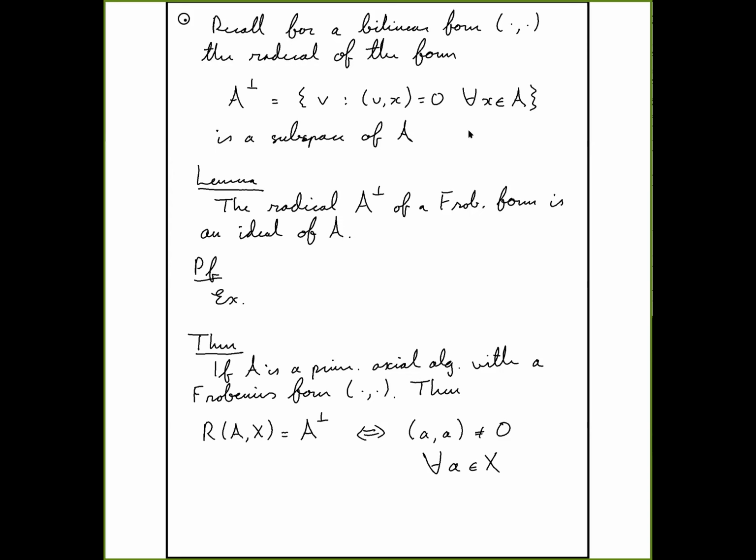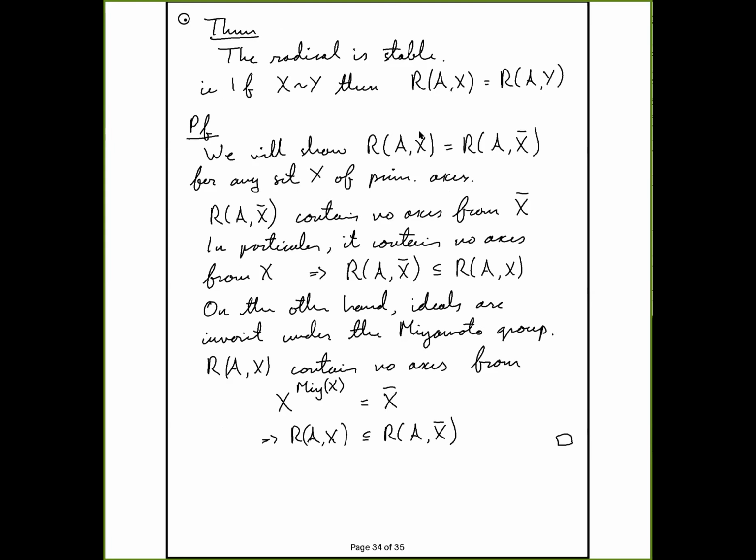Yes, I would like to ask a question, please. Sure. So earlier we talked about this theorem: the radical is stable, that is, if x is equivalent to y, then the radical given by x is equal to the radical given by y.